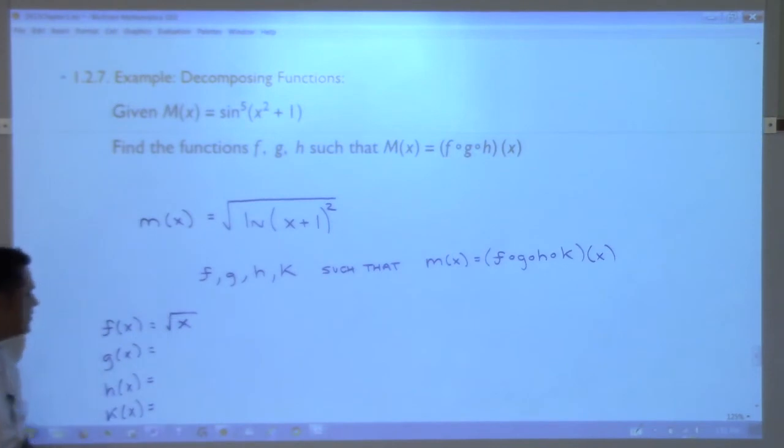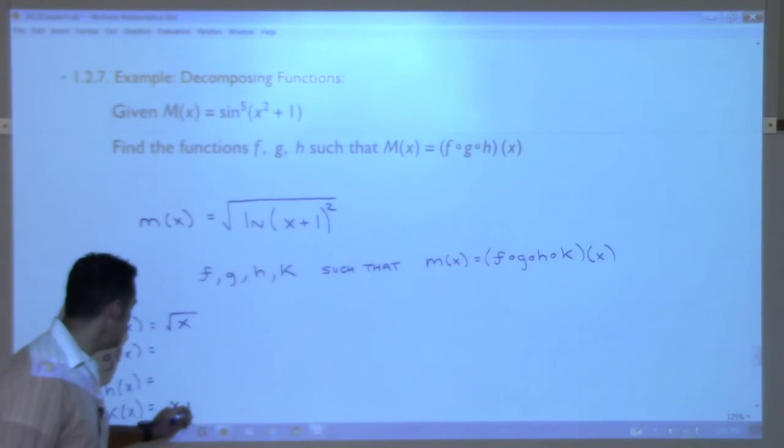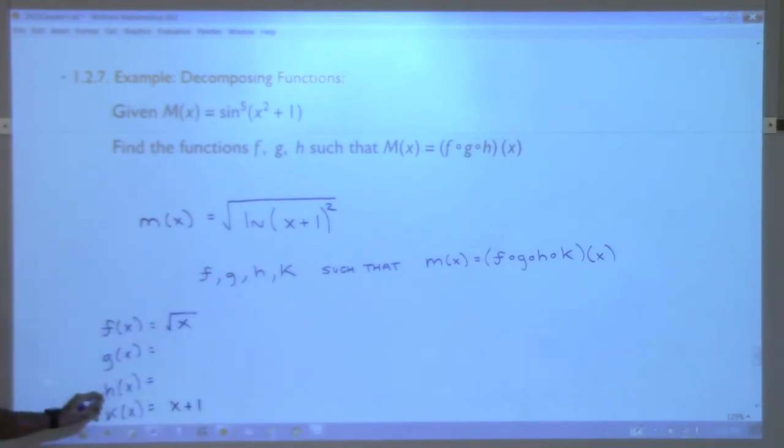So square root. Derek, you're up because Savannah already got one. Can I start from the bottom or start at g? I don't care where you start at this point. k is going to be x plus 1. You want to keep going? And then for h, it's going to be natural log of x. I think you're grabbing too much at one time here.